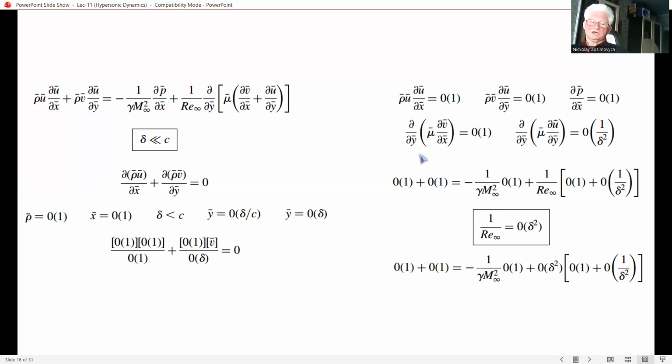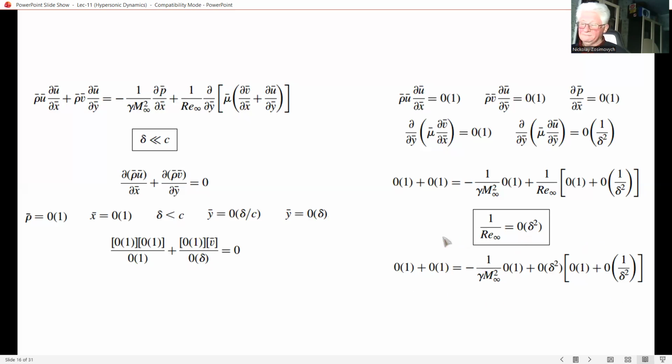Let us now introduce another assumption of boundary layer theory, namely that the Reynolds number is large. Indeed, large enough such that 1 over Reynolds number is of order delta squared. Then our previous equation in the middle becomes the bottom one.